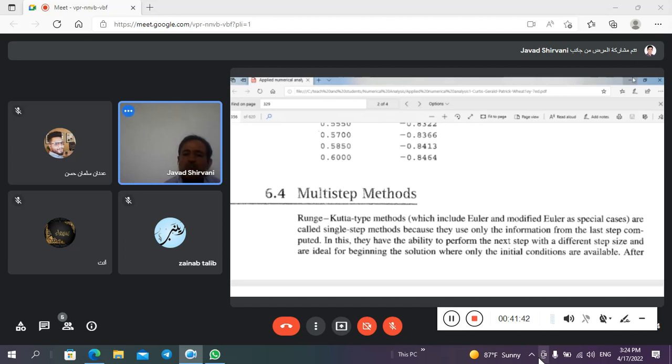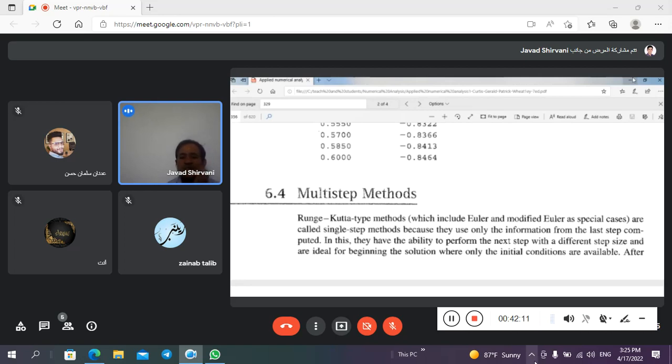To remedy this drawback, a multi-step method was proposed by researchers to further improve the accuracy and address the limitations of previous approaches.